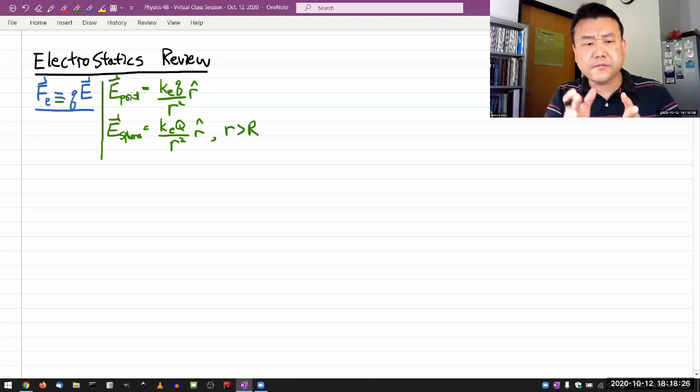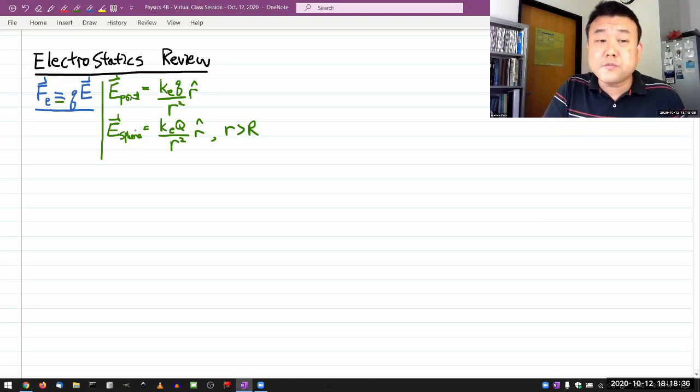Once you are inside the uniformly charged sphere, then you have to apply Gauss's law to find the form of electric field. I won't write that down in this review table, because that is where you actually should know how to apply Gauss's law yourself. You should be able to use the symmetry argument to argue for yourself.